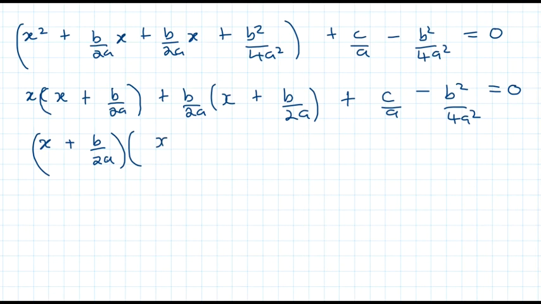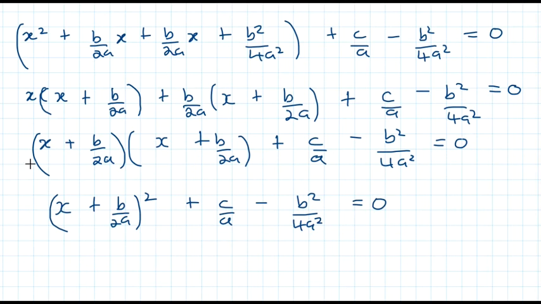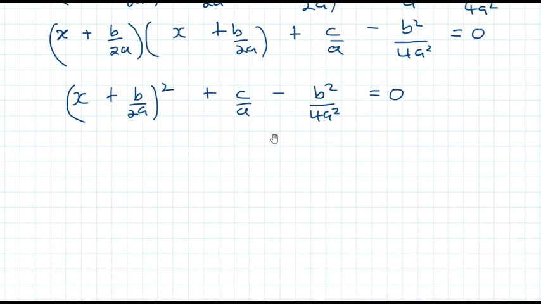Now we have x plus b over 2a, x plus b over 2a, and c over a minus b squared over 4a squared is equal to 0. Since these two terms are the same, we can express it as x plus b over 2a squared plus c over a minus b squared over 4a squared equal to 0. Okay, so now we have actually completed the square.